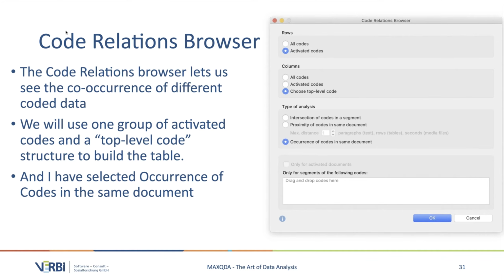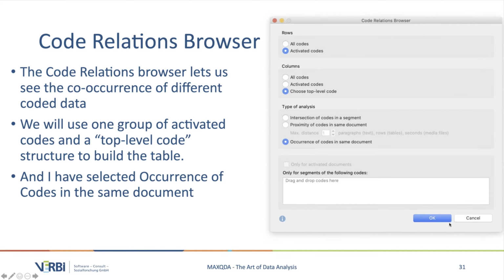Top level code will be like that crime group, for example. And for type of analysis, you have to pick. For this project, I'm selecting occurrence of the code in each document. If I have activated documents, this icon will show up by default here, and you can turn it on or off. If I've activated documents, this will usually show up as well.